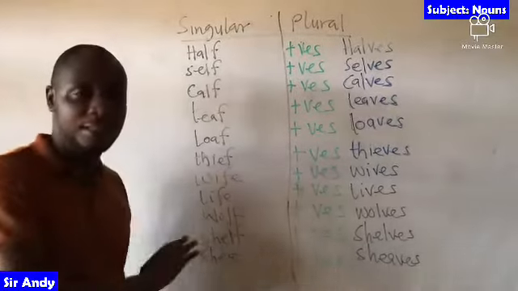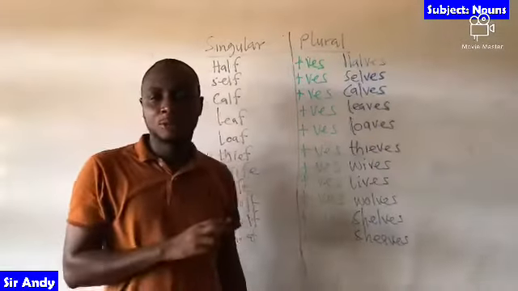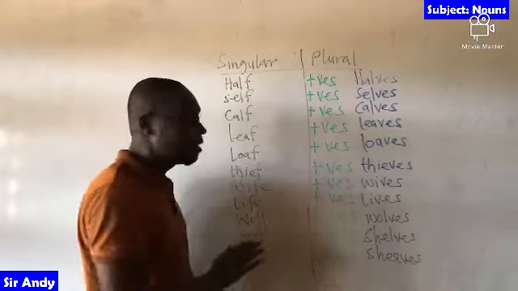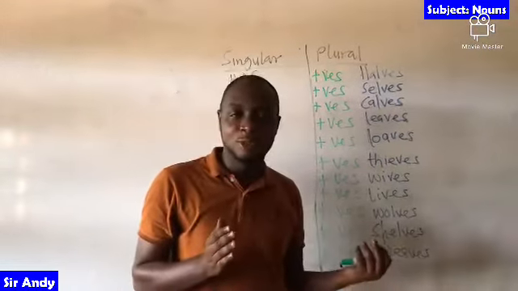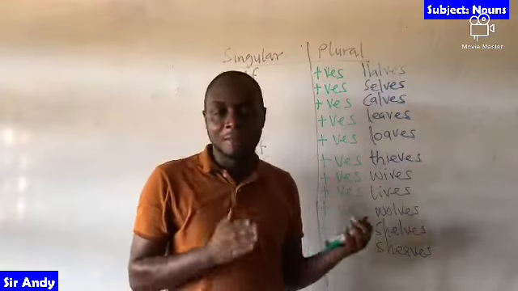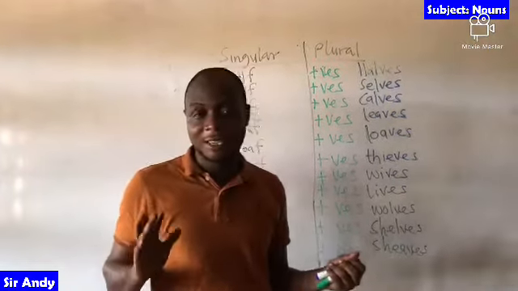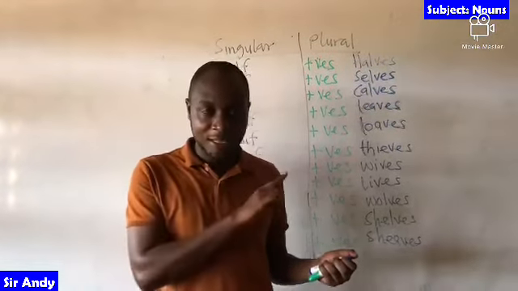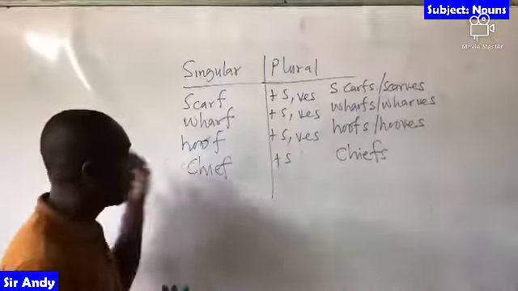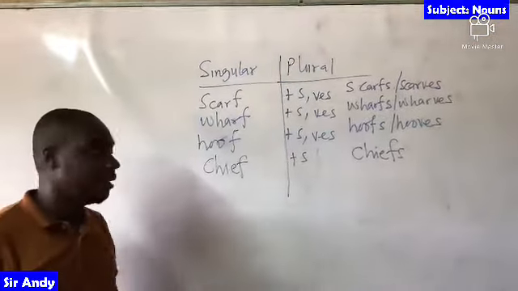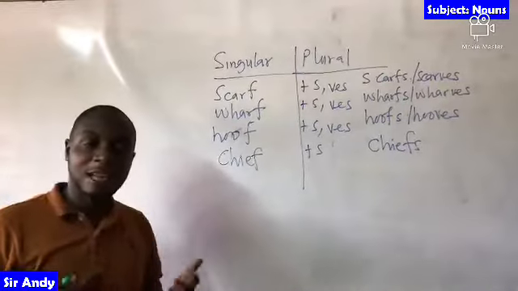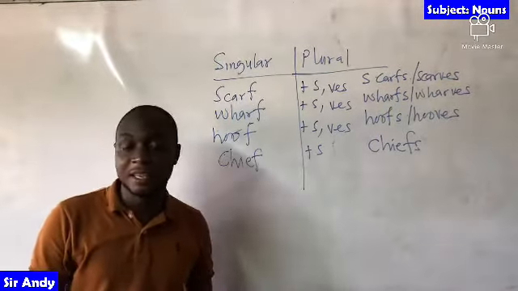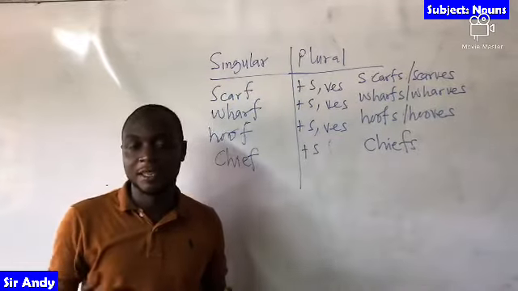But we have certain words too which end with F or FE, where you are allowed to maintain the F or FE when you want to change them from singular forms to the plural forms. Join me as I take you through those versions of what we've just done, where you do away with the F or FE and replace them with VES.